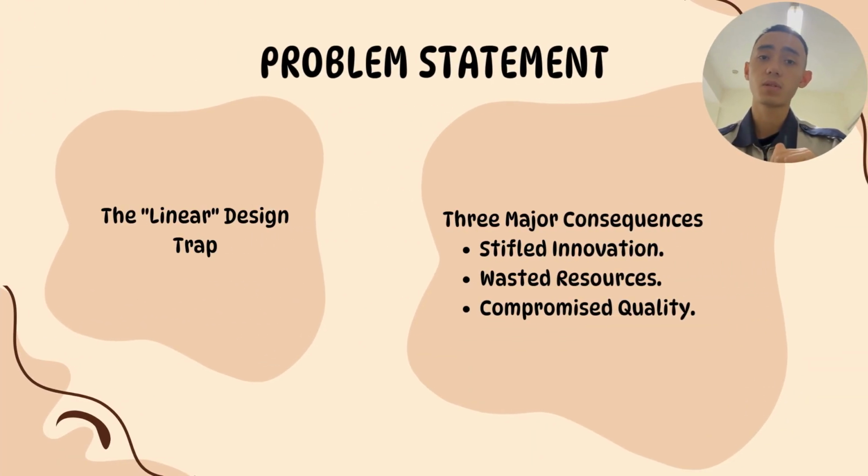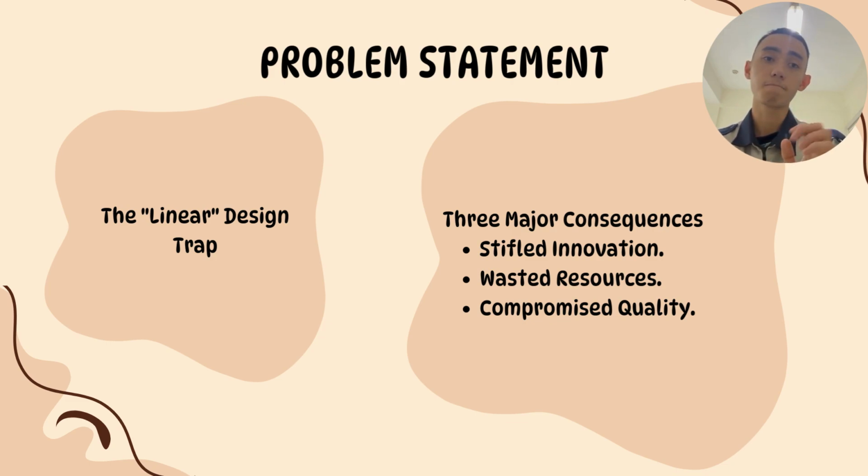Show the problem statement. First, the line design strip. Currently, stylists and engineers work sequentially rather than simultaneously. Stylists create a visual concept first, and engineers only review it later to see if it can actually be built.